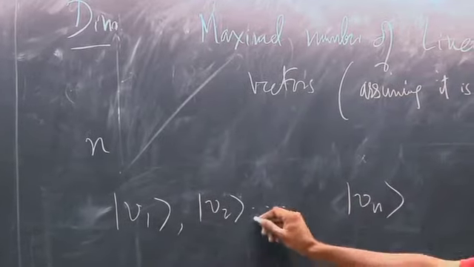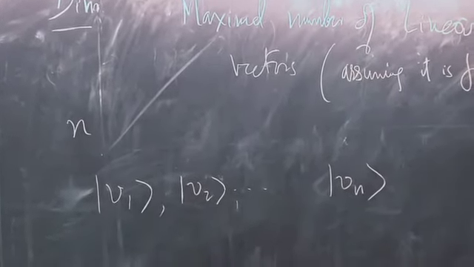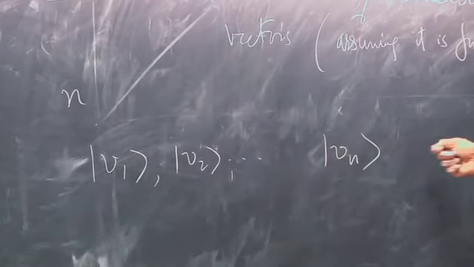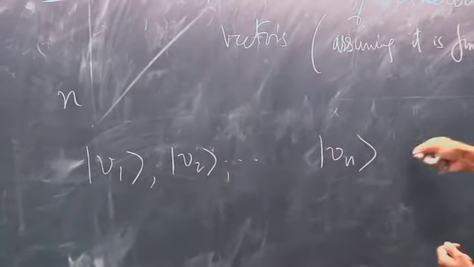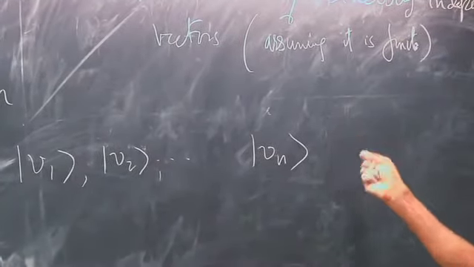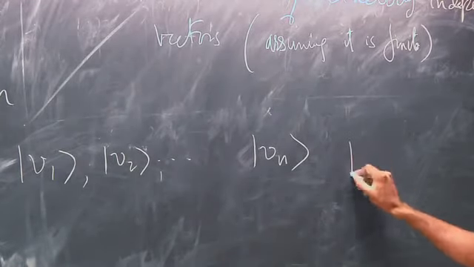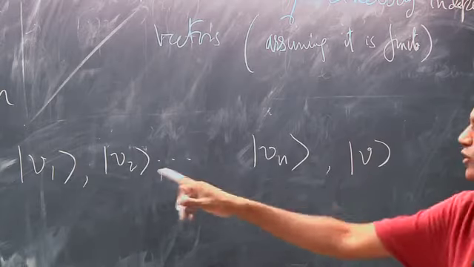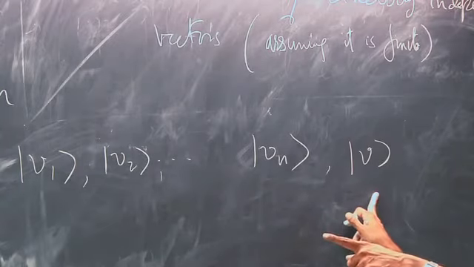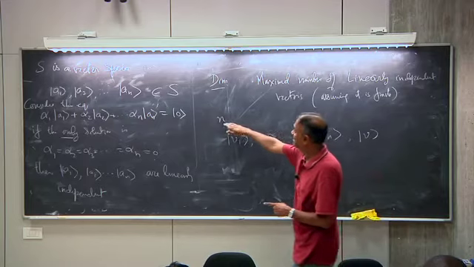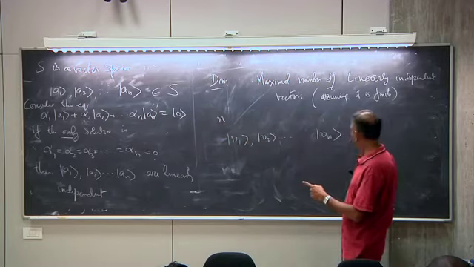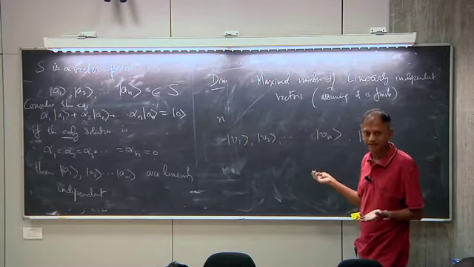We are saying this is the maximal number. What it means is, if I take this set and put one more element, then it is no longer linearly independent. If I take any other vector and put it together, so now there are n plus 1. Since n is the maximal number, these n plus 1 vectors cannot be linearly independent.